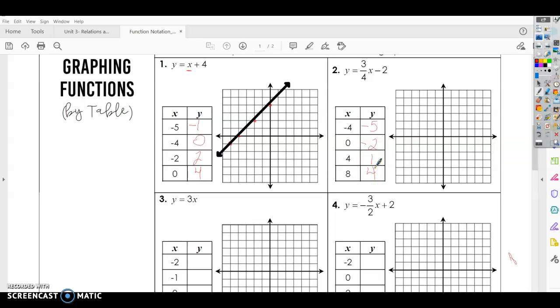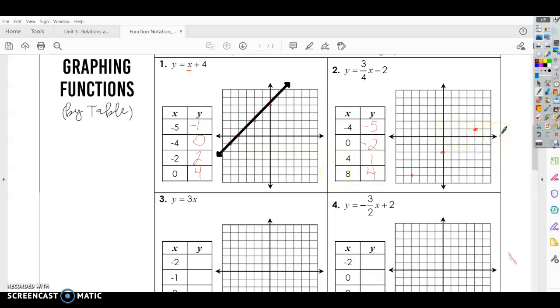All right, again, once I have my ordered pairs, I'm going to graph those. I'm going to go 1, 2, 3, 4, and then down 1, 2, 3, 4, 5. And then I've got 0, -2. I've got 4, 1, 2, 3, 4, up 1, and 8, 4.